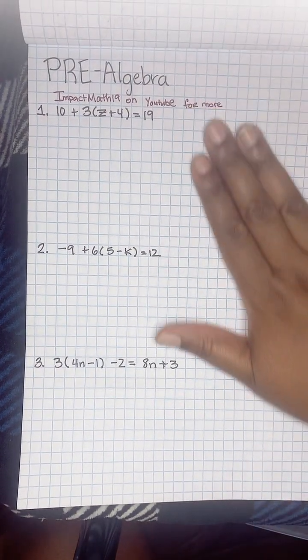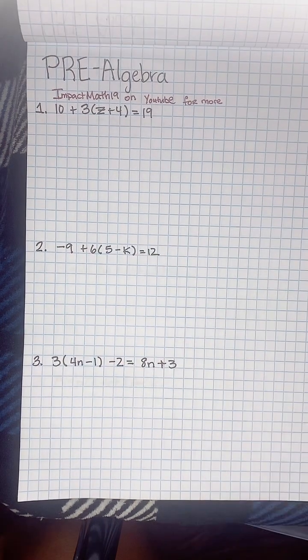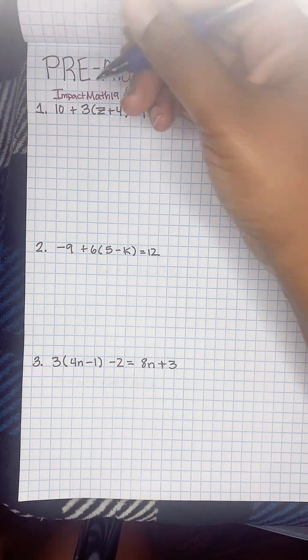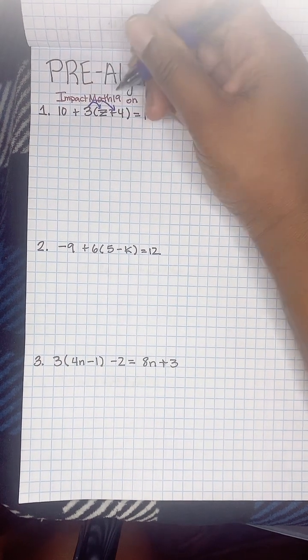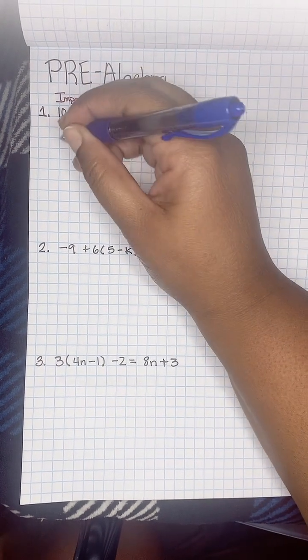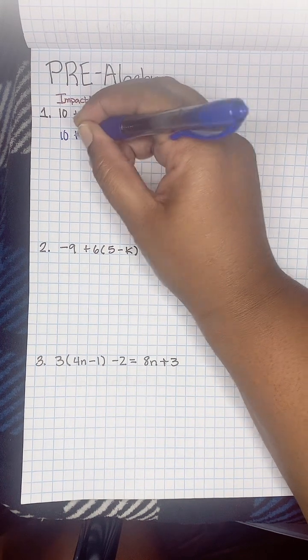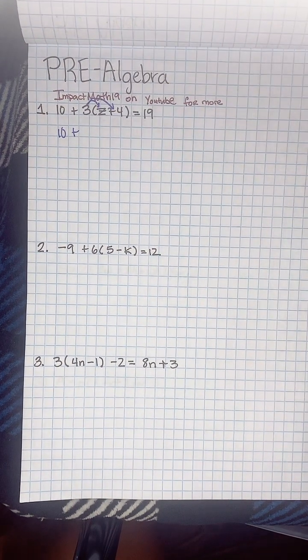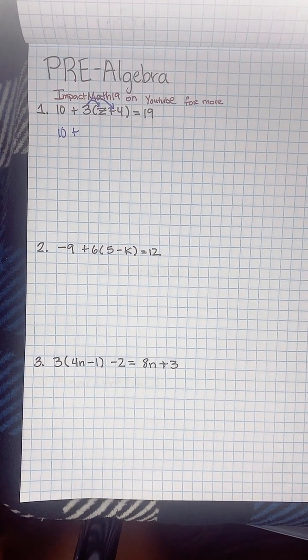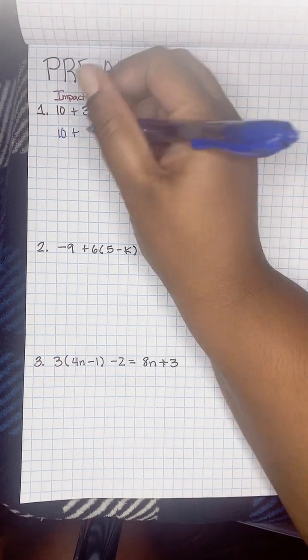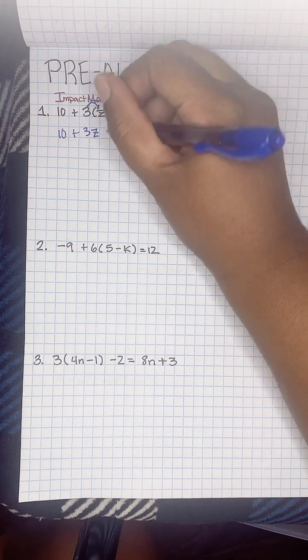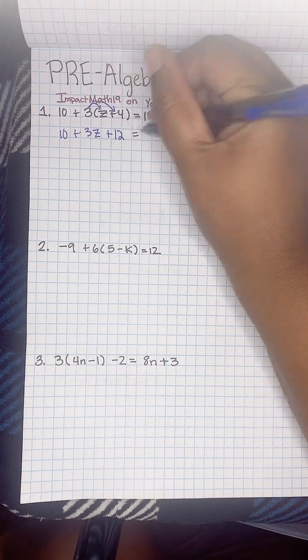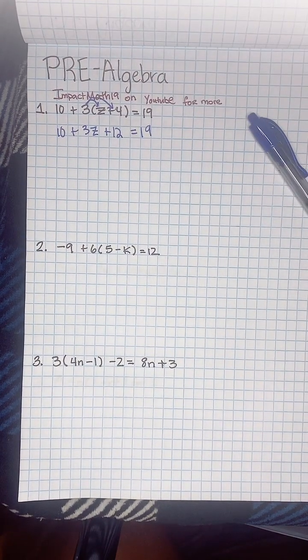All right. So what we're going to do first here is distribute the 3. We're going to multiply. We drop down our 10 plus 3 times z. When anybody asks you what a number times a letter is, squish them together, always. 3z. And then 3 times 4 is plus 12 equals 19.